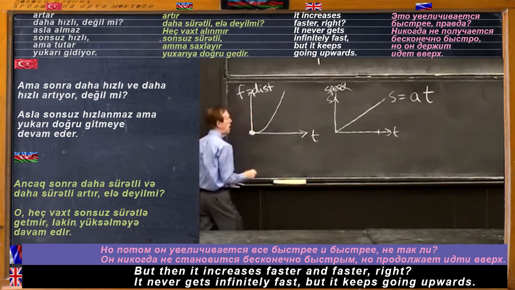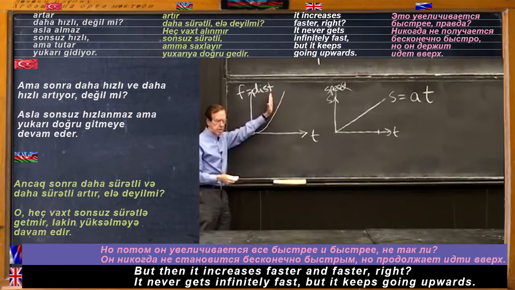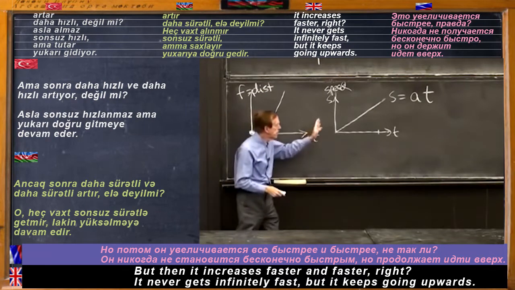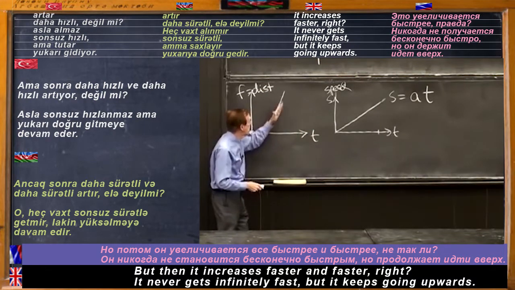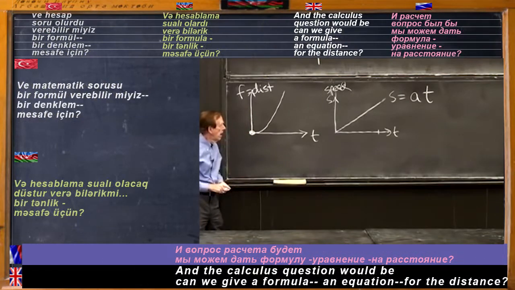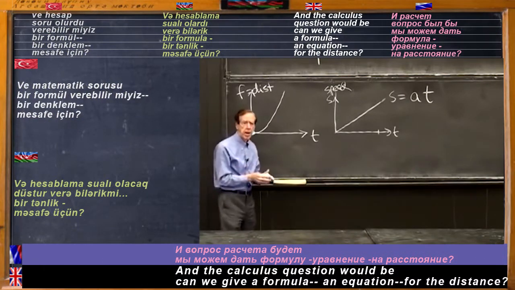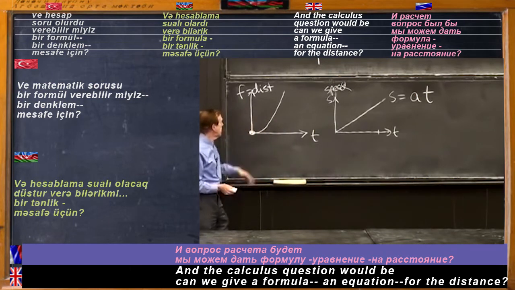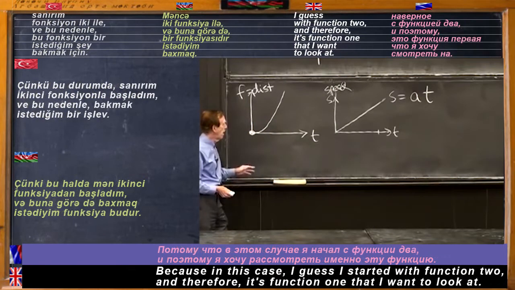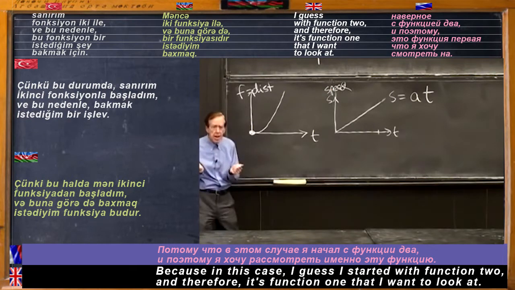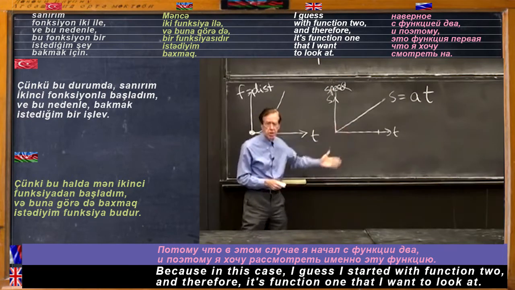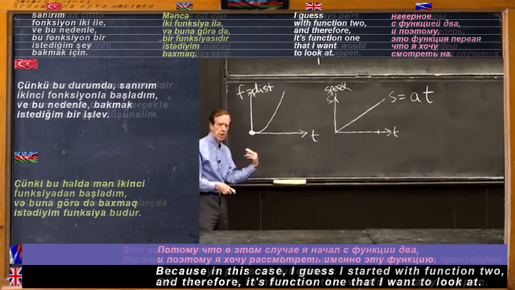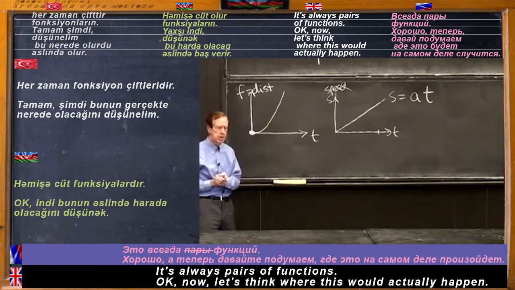Never gets infinitely fast, but it keeps going upwards. And the calculus question would be, can we give a formula, an equation, for the distance? Because in this case, I started with function 2, and therefore it's function 1 that I want to look at. It's always pairs of functions.